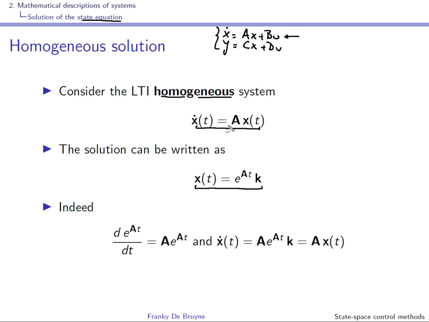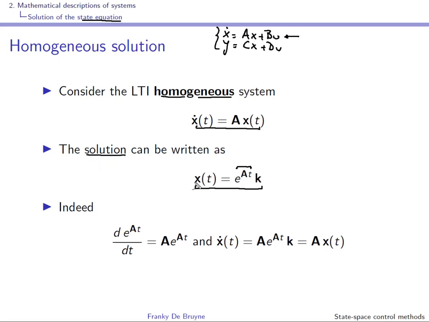In this case, A here is a matrix, and we'll come back to this notation, exponential of At, where A is a matrix, later on in the course. So the general solution is exponential of At times a constant k.